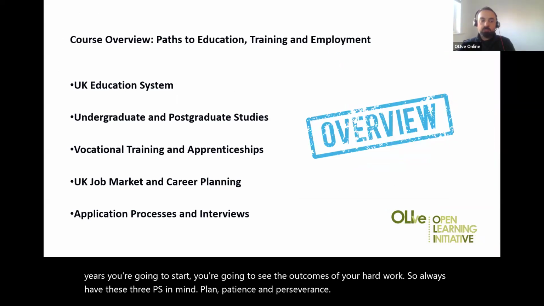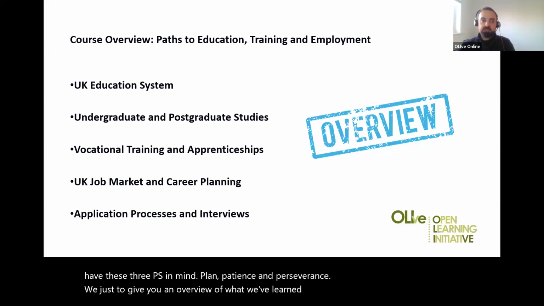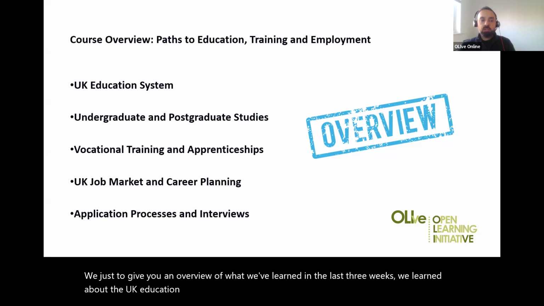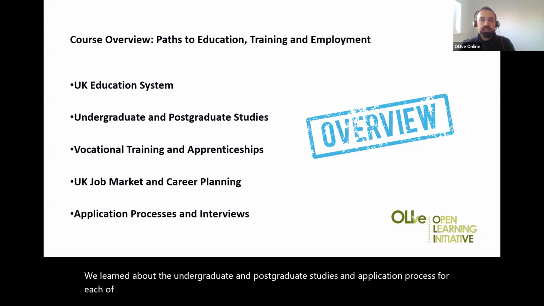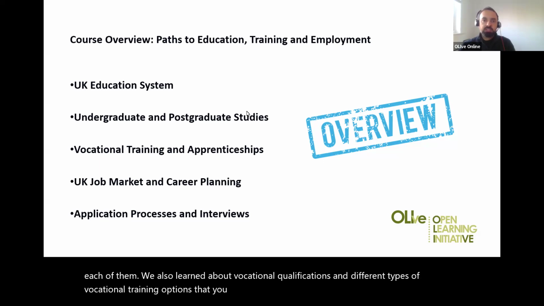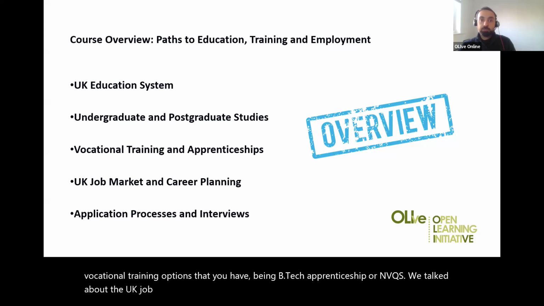Just to give you an overview of what we've learned in the last 3 weeks, we learned about the UK education system, we learned about the undergraduate and postgraduate studies and the application process for each of them. We also learned about vocational qualifications and the different types of vocational training options that you have, being BTEC, apprenticeship, or NVQs. We talked about the UK job market and the application process.